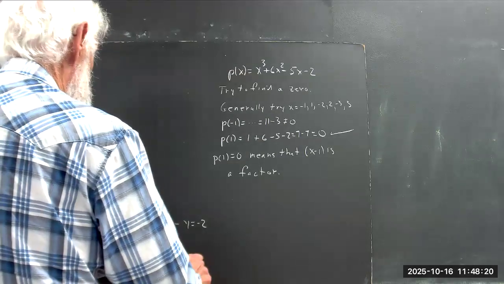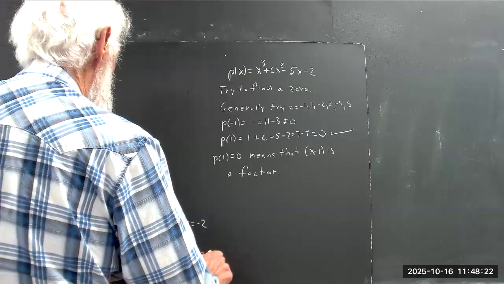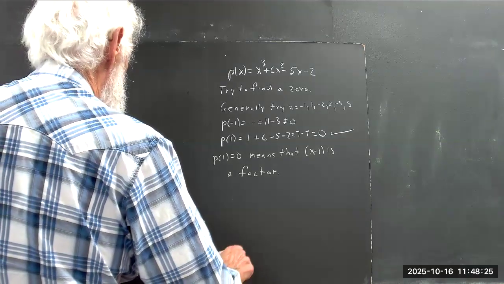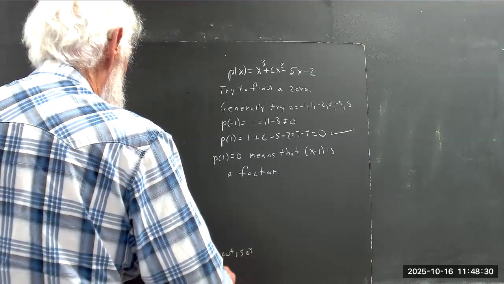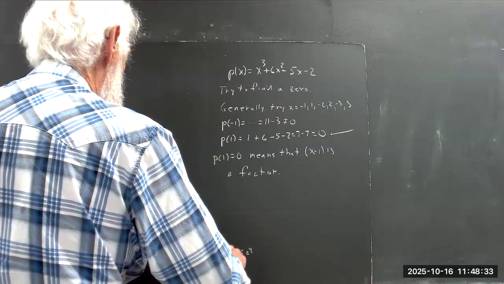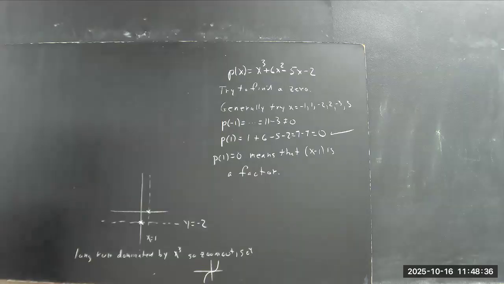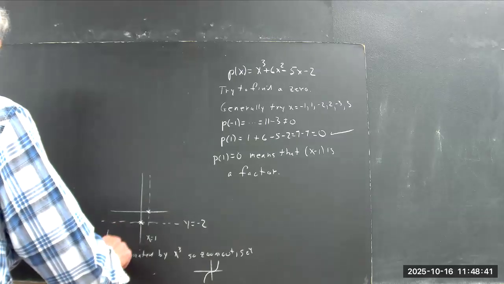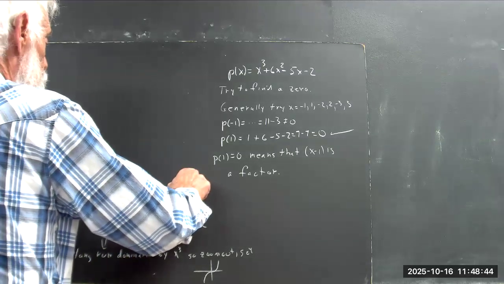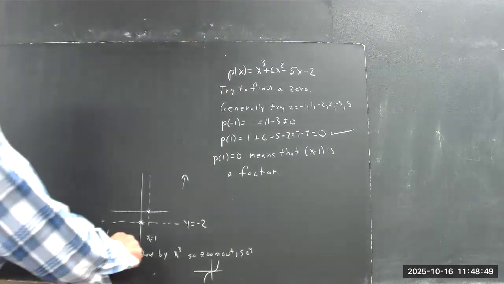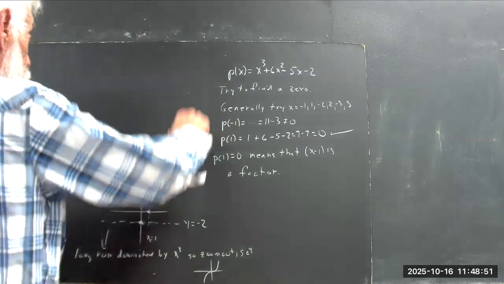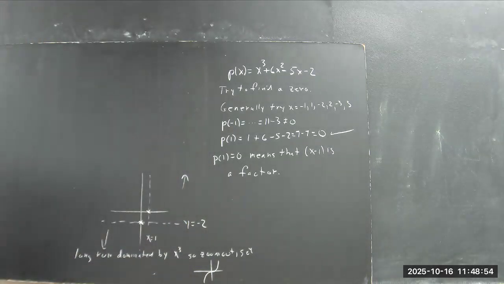So zoom out, we get a good old x cubed graph. That thing's got to go down here and up steeply here. So maybe the graph just comes up through this point, turns around and takes off. That's possible. But we don't know yet.